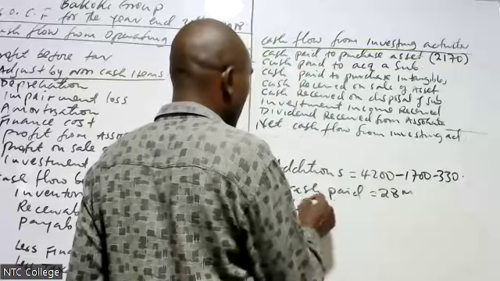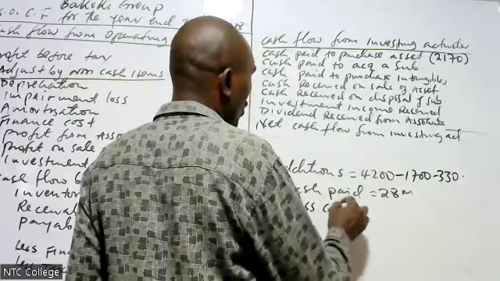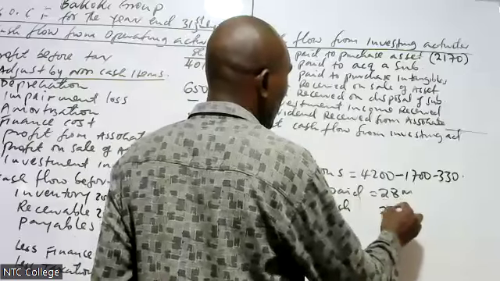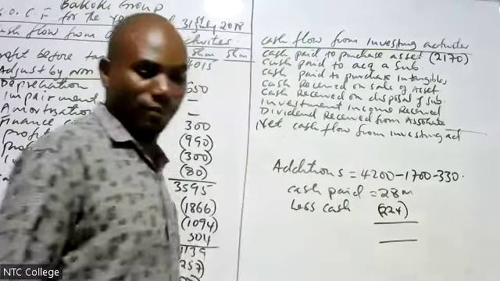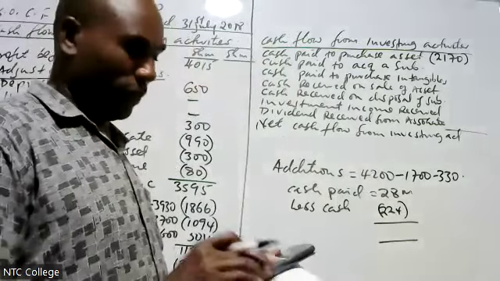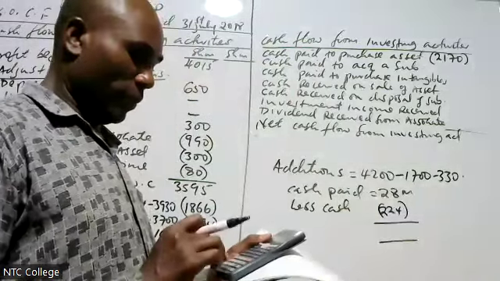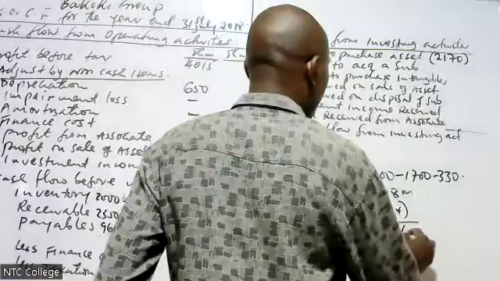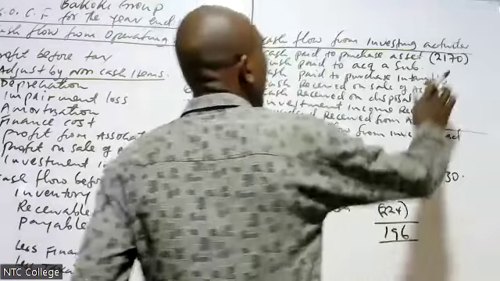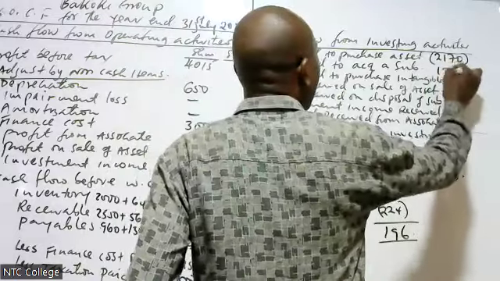Therefore, we less cash, which is 224. Therefore, we are getting 196. We have a cash inflow of 196.